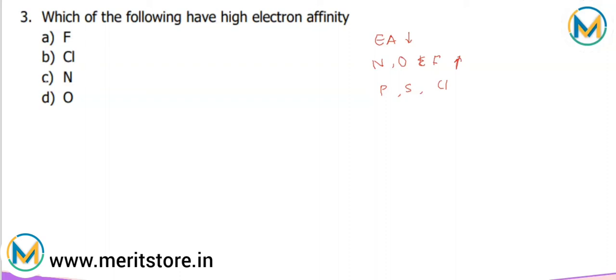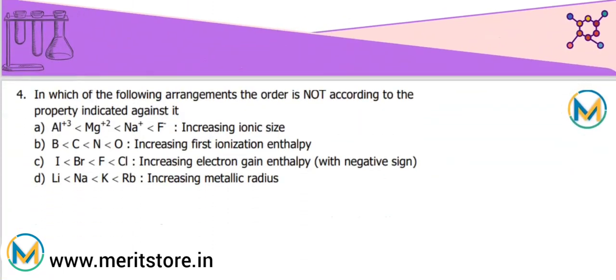So the correct answer among the given options which has the highest electron affinity is chlorine, because the others would have a lower one. So the correct answer is option B. Moving towards the next question.